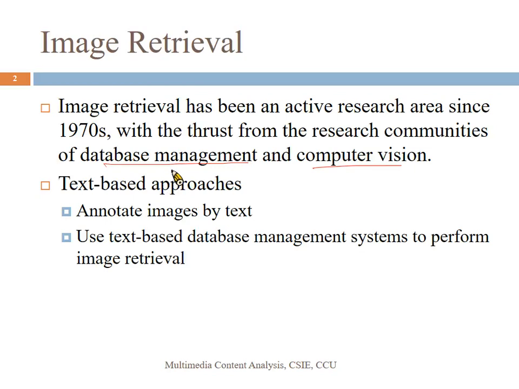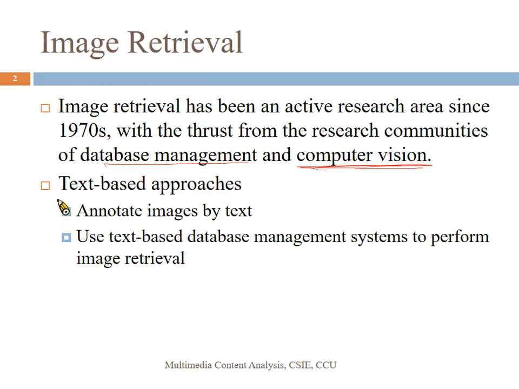And so people were wondering whether, as a user, we can search images from the database as well. And the computer vision research field had just emerged at that time. So there were more and more people realizing the demands of image retrieval.